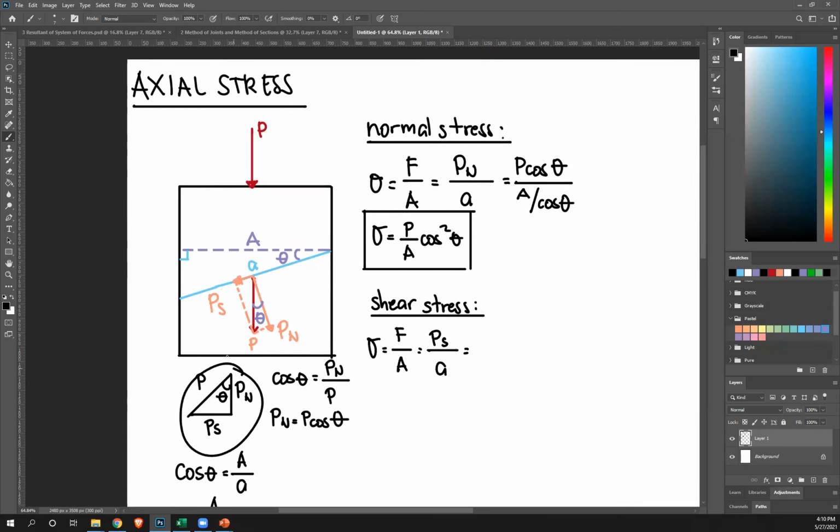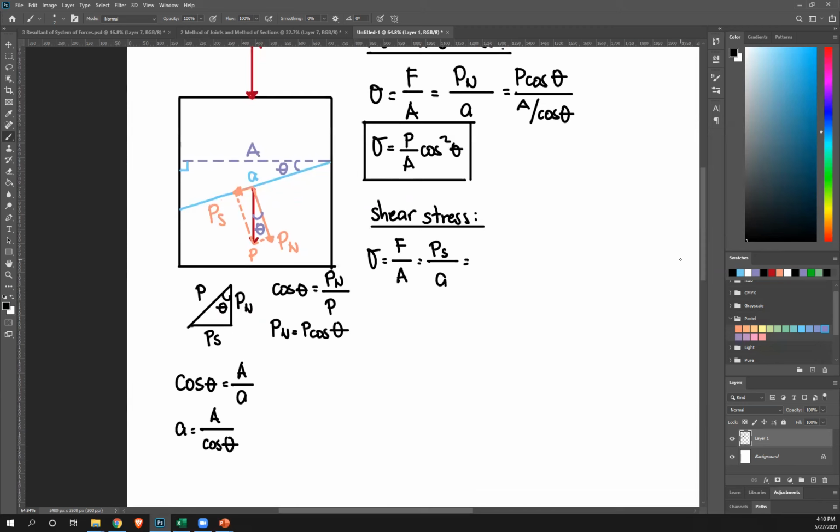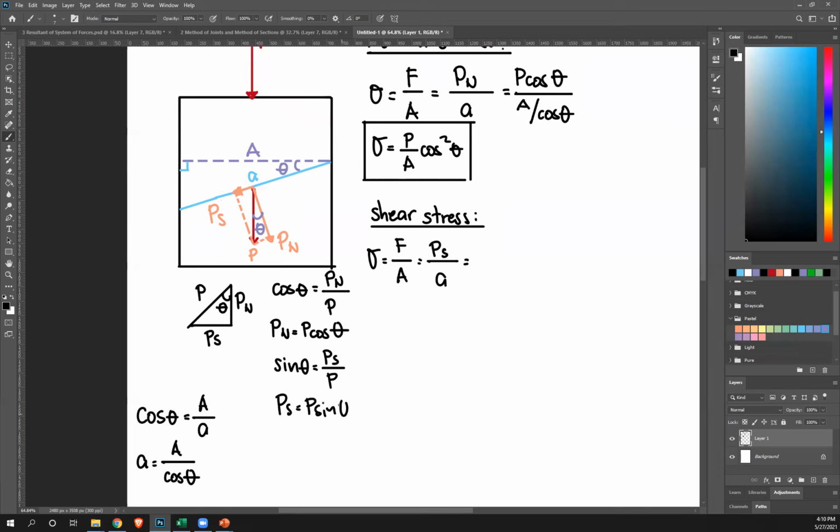So once again, using that figure, we can conclude using sine. So sine theta equals opposite, which is PS, over hypotenuse, which is P. So PS is just P sine theta.